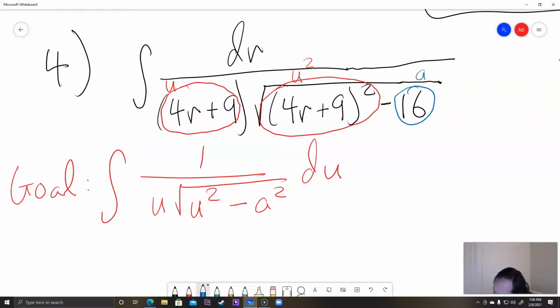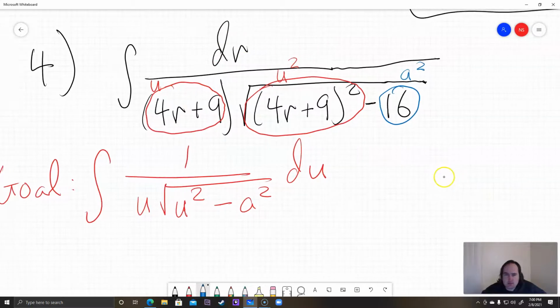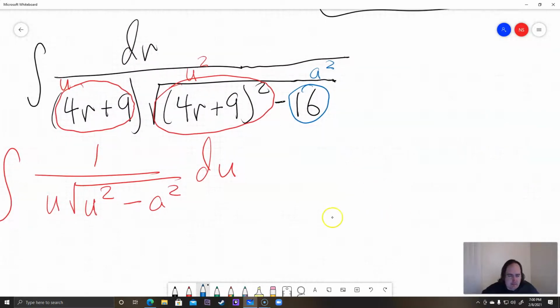Okay, so a squared is going to have to be 16. And since u equals 4r plus 9, we're going to have to figure out an expression for dr in terms of du. So we do have to do that.